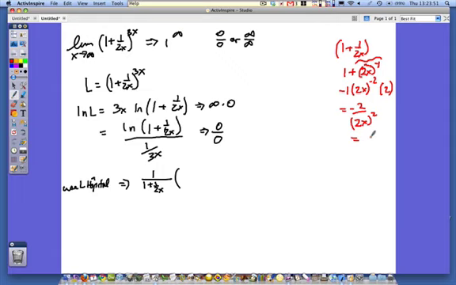And I can simplify this a little bit more, and I get negative 2 over 4x squared, which is equal to negative 1 over 2x squared. So this derivative ends up being the derivative of the log, which is 1 over the stuff times the derivative of the stuff, which we just found out is negative 1 over 2x squared.